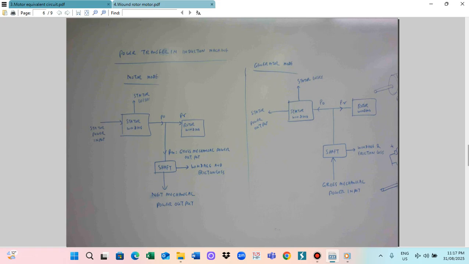So this is the stator winding. Stator windings are put in slots. So this is the slot winding. This one is an induction motor. This one goes to supply, and this is the shaft.